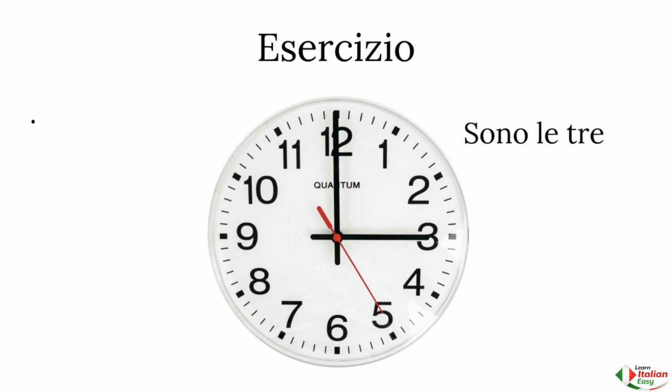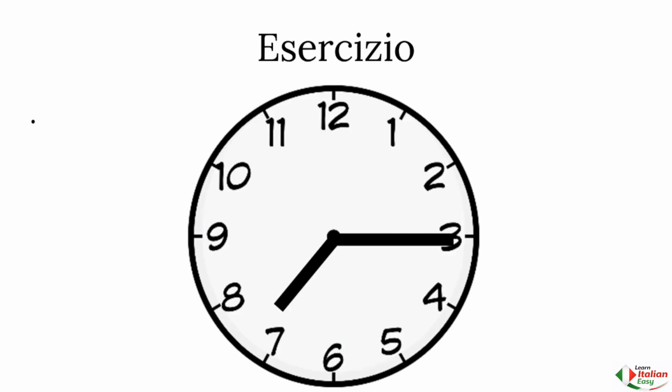But if you want to specify, you can say sono le tre, and that would mean sono le tre in the morning, or you can say sono le quindici, 3 p.m. Is it clear? Perfect. But normally, as I told you, you don't have to specify because it's pretty obvious from the context.